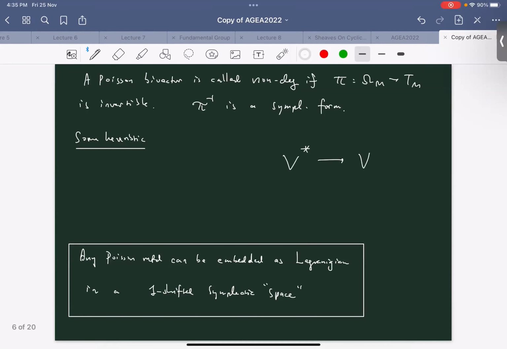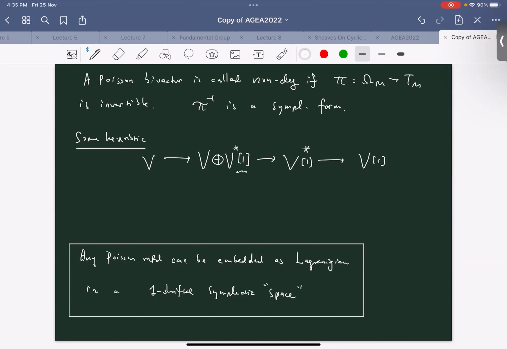But what do I mean by any Poisson manifold can be embedded as a Lagrangian into something which is one-shifted symplectic? Let me make out of this a short exact sequence or exact triangle. You can view it as just some exact sequence of vector spaces. So I put V plus V dual, but shifted by 1. You view this as the tangent space of your symplectic space, which is one-shifted.